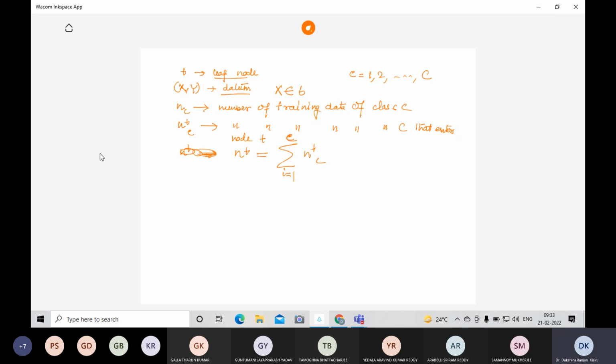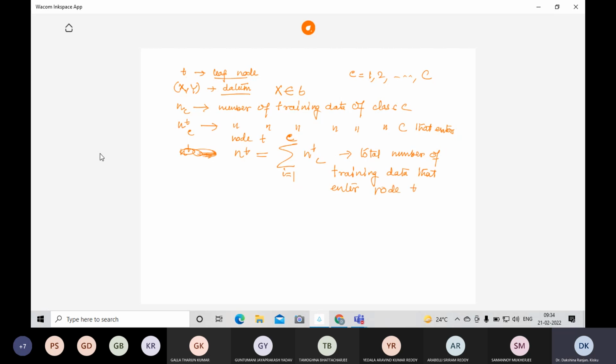This represents the total number of training data that enter the leaf node t.